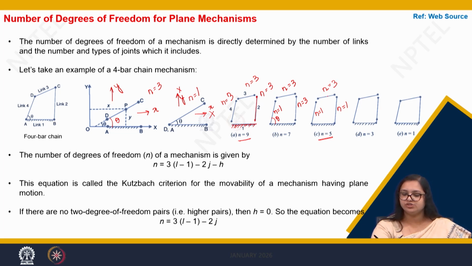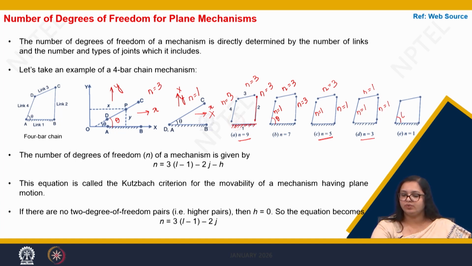However, when we join the link 3 to link 4, our degrees of freedom for individual link becomes 1. So summing it up, our total degrees of freedom for this system is 3. Now when we join the last link with the adjacent one, we see that there cannot be any kind of motion.